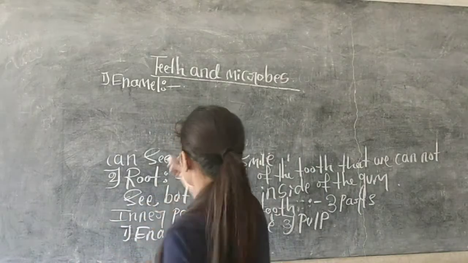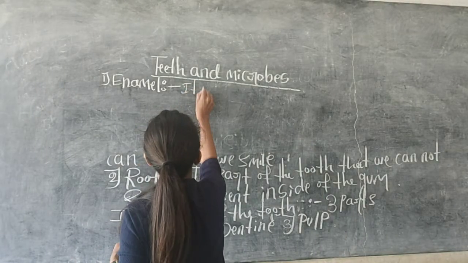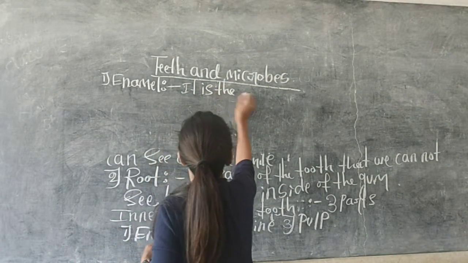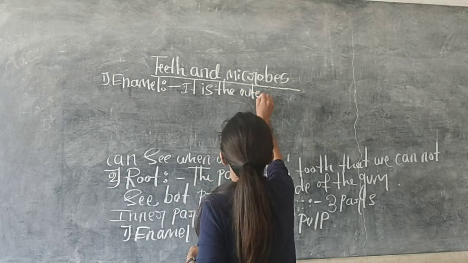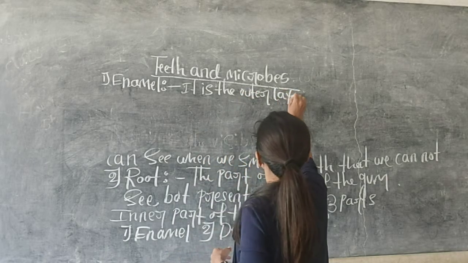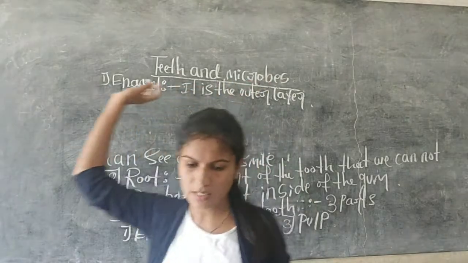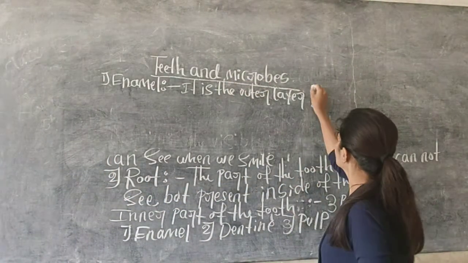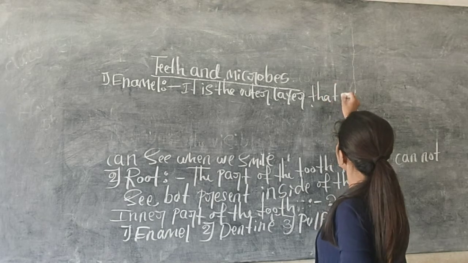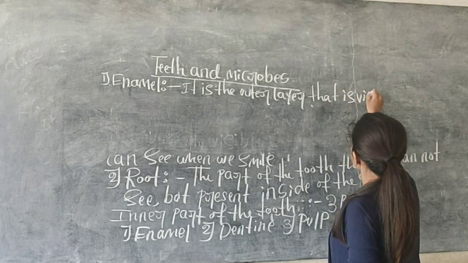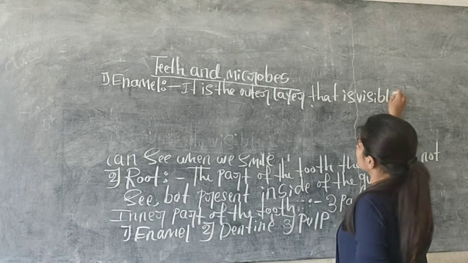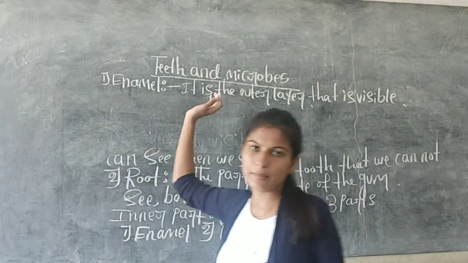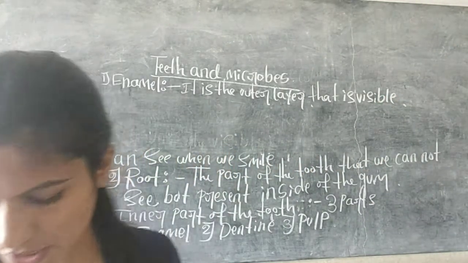It is the outer layer that is visible. What is enamel? It is the outer layer of the tooth that is visible.